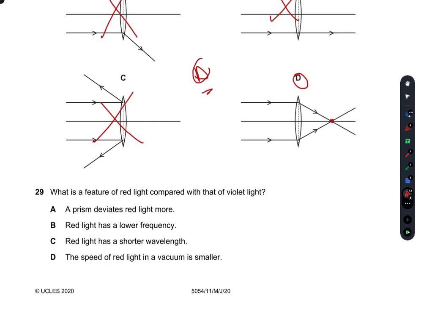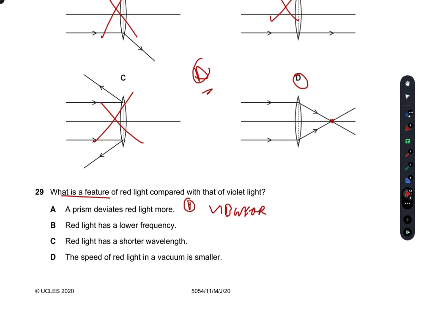What is the feature of red light compared with that of violet light? So we know that when we write VIBGYOR, V has the highest frequency.